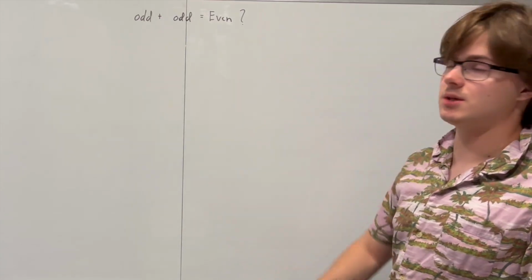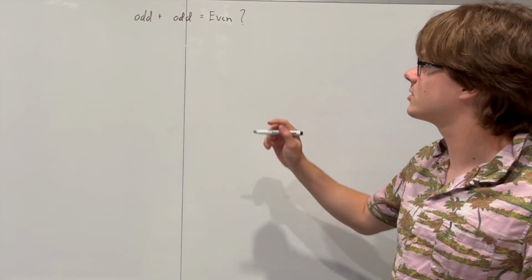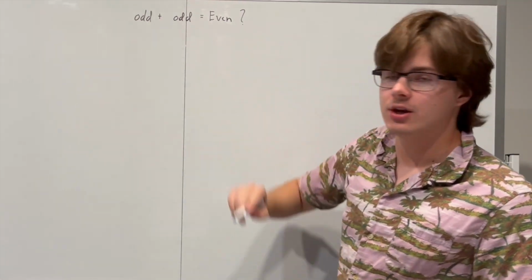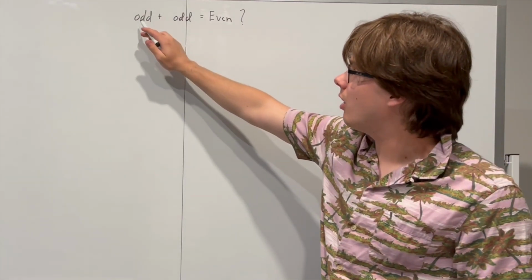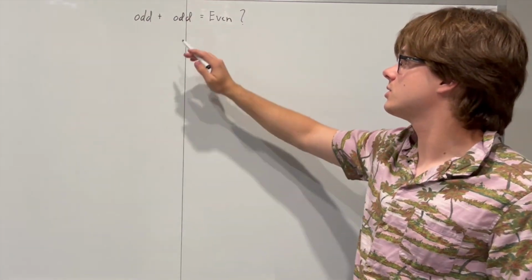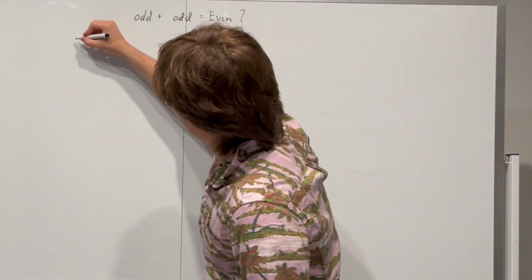First, we want to write this as a mathematical statement so we can better understand how we're going to go about proving this. Because we're proving any odd number, any means we're proving a for all statement. So for all two odd integers added together, the sum should be even. Okay, so let's write that down.